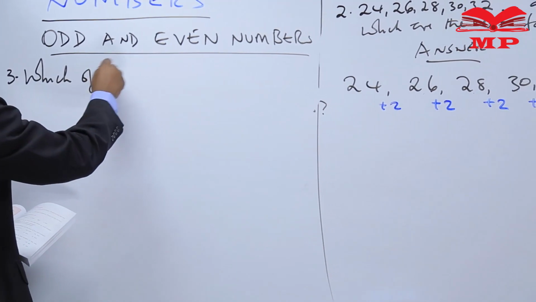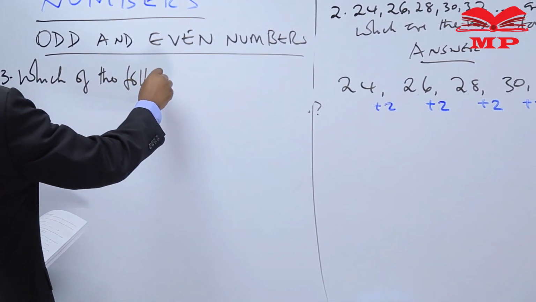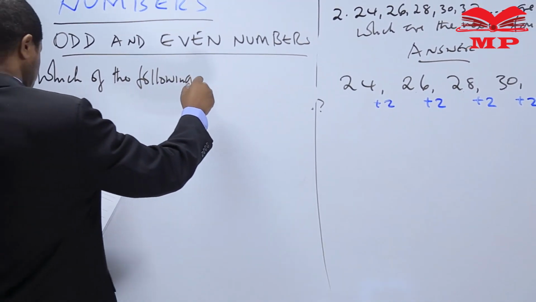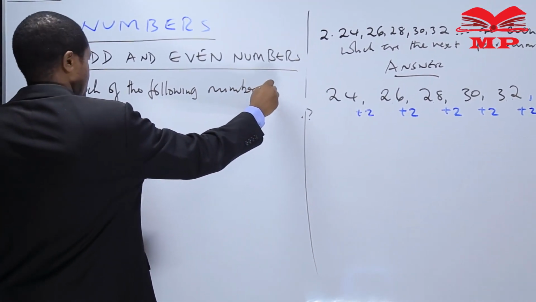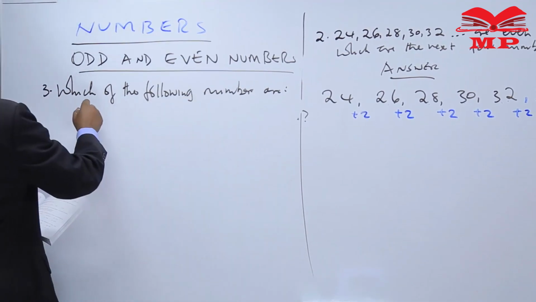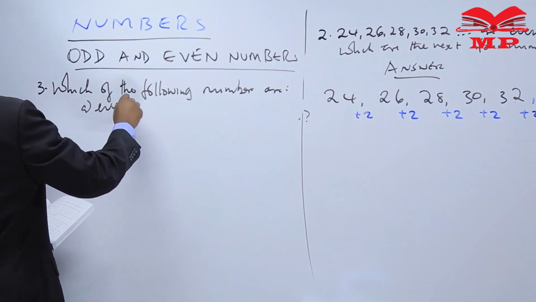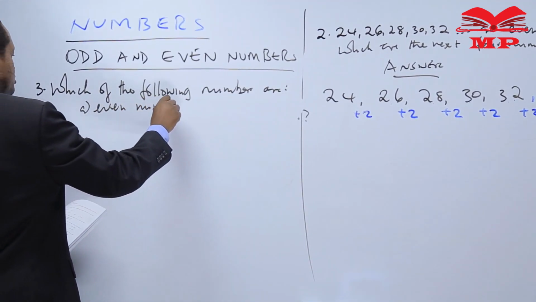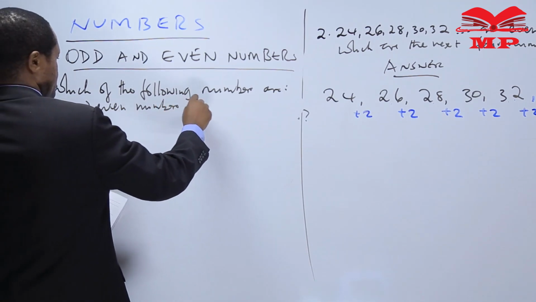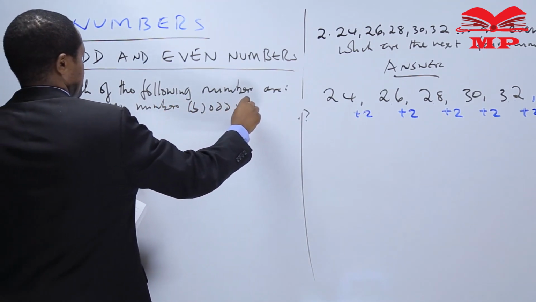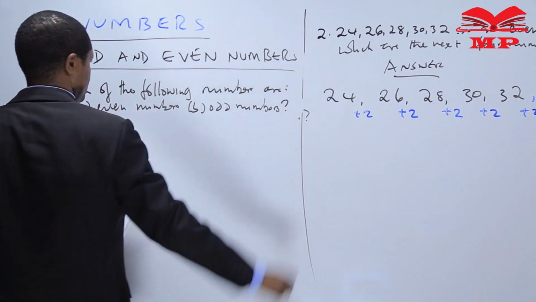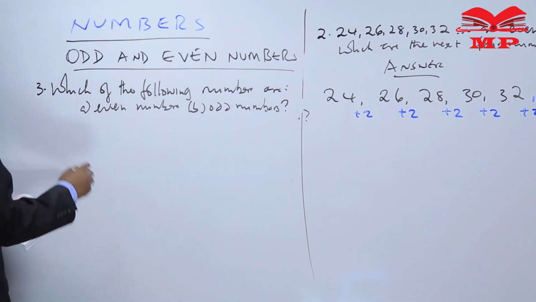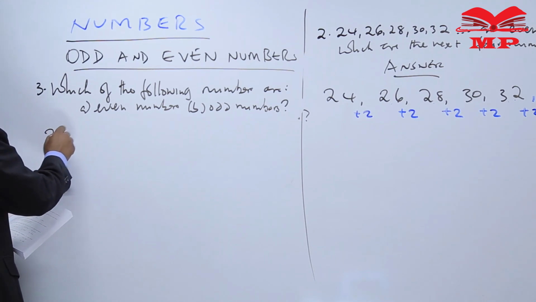Which of the following numbers are A, even numbers, B, odd numbers? Question mark. So the first number is 235.